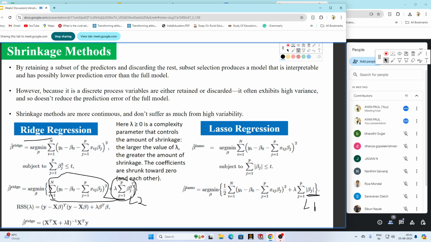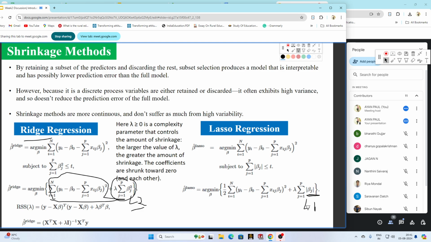But lasso regression is L1 regularization, which means the penalty term will be proportional to beta. Here in ridge, the penalty term is proportional to beta squared. That is why it is called L2 regularization.